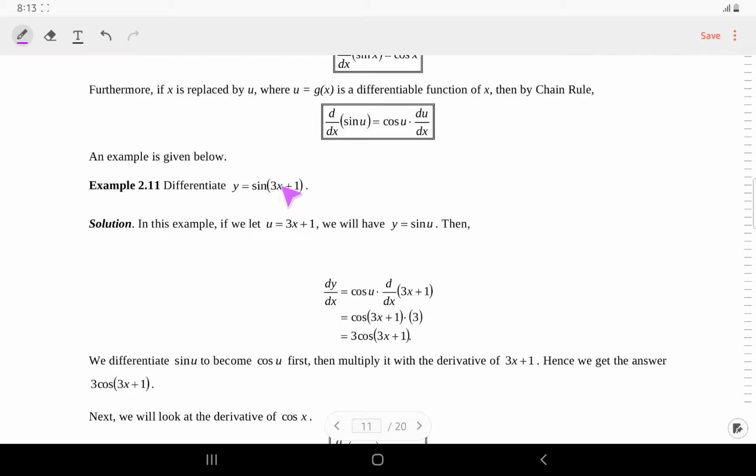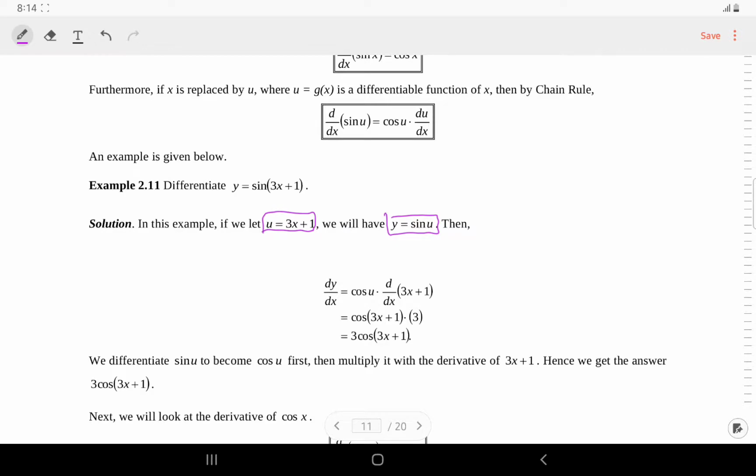You all tak boleh pilih 3x saja. Kita kena pilih the whole in the bracket. Okay, u equals 3x plus 1. So we'll have the function of y equals sine u. Okay, so we have two functions here. Okay, from this one original function, kita split into two functions. Okay, because we want to use chain rule.